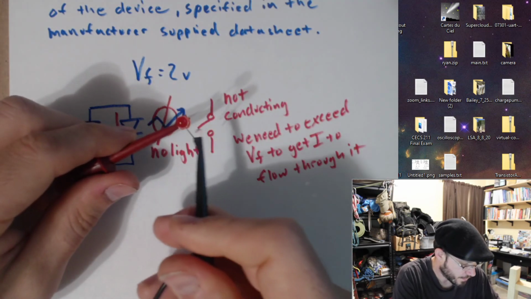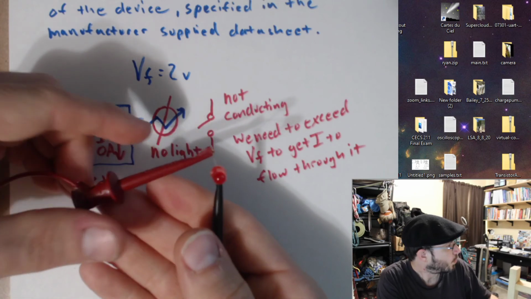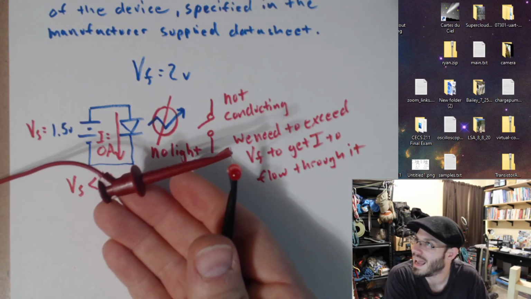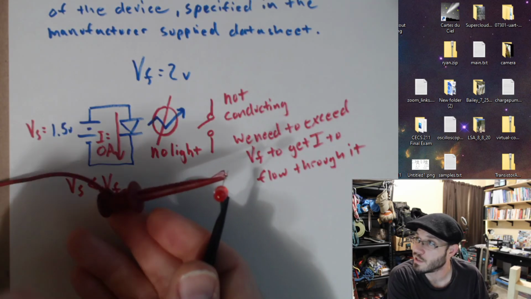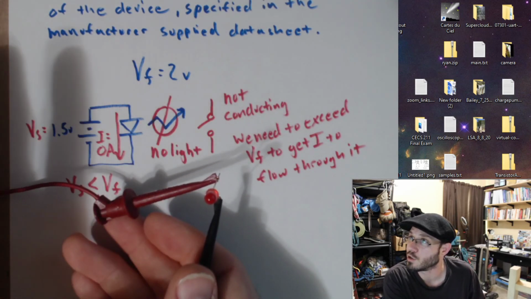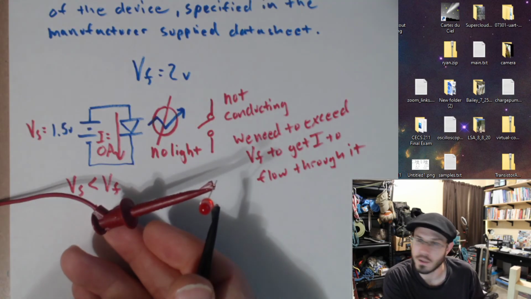Okay, so with 1.28 volts applied to it, even though this is forward biased, we're still applying the polarity in the correct direction, we just haven't exceeded the forward voltage.